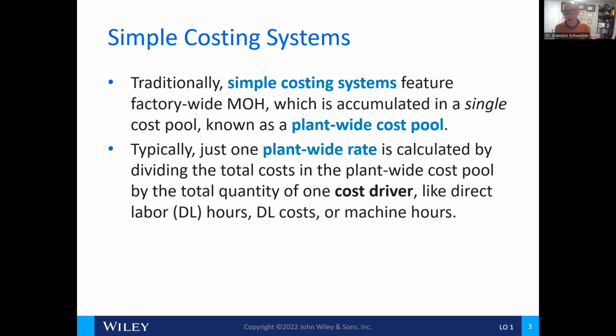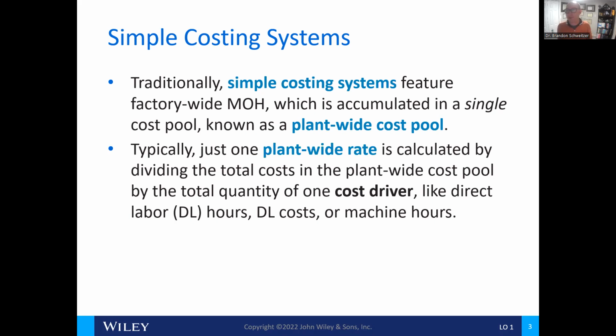It's just one plant-wide rate that's calculated by dividing the total cost in the plant-wide cost pool by the total quantity of one cost driver. An example of that would be direct labor hours or direct labor costs or machine hours.